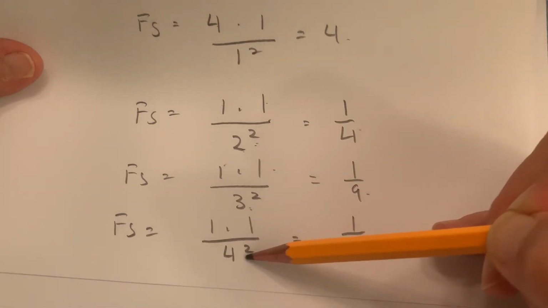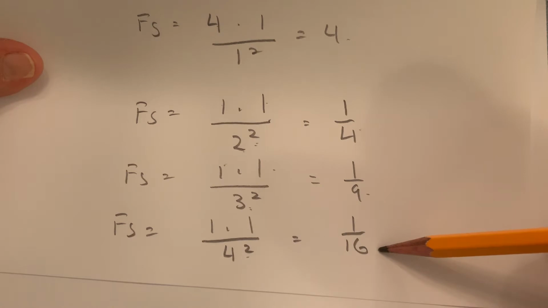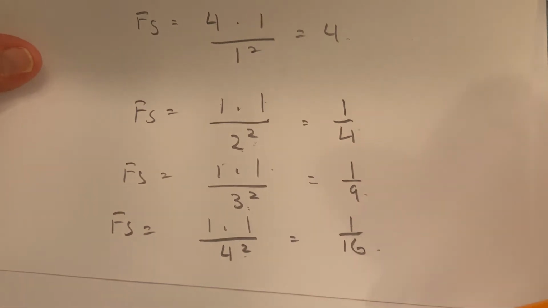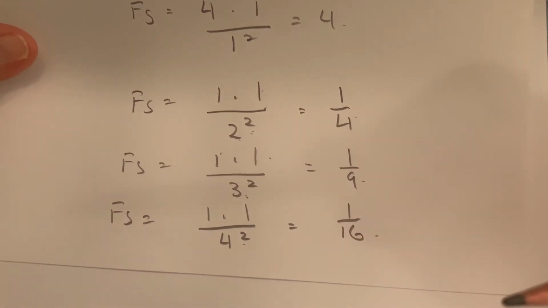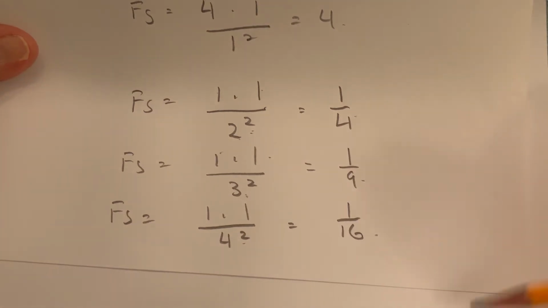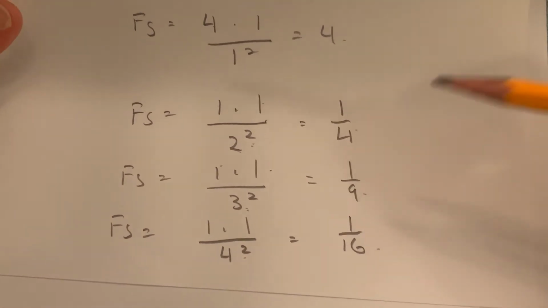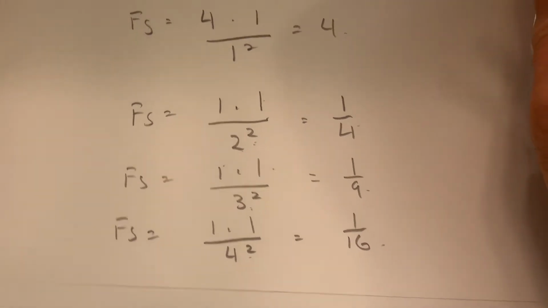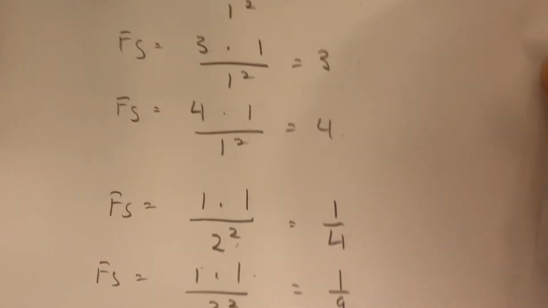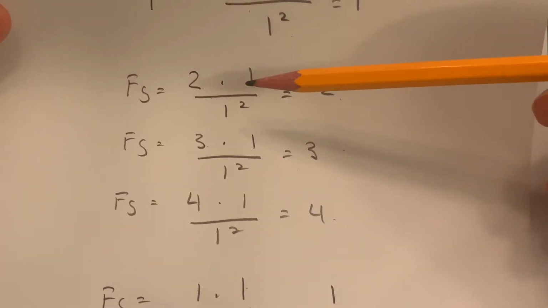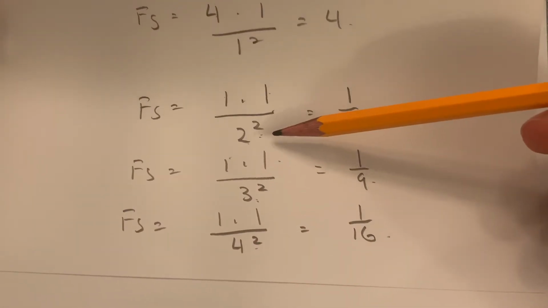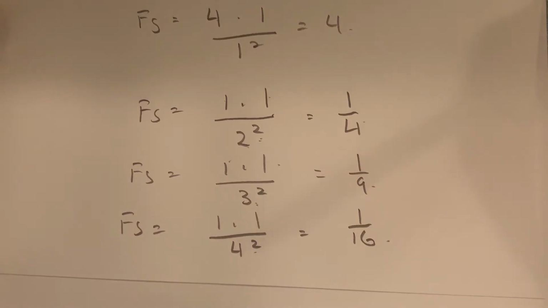If we quadruple it, it becomes 16 times less. And if we made it 5 times farther away, it would be 1/25, and so on. So those are the kind of relationships that we should have gotten from our interactive we did the other day. Changing the mass is directly proportional. Changing the distance is inversely proportional.